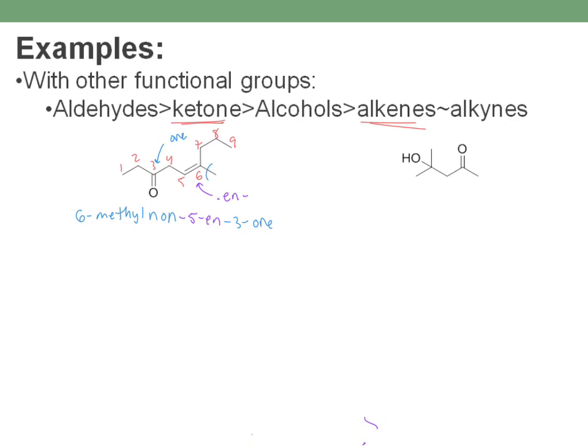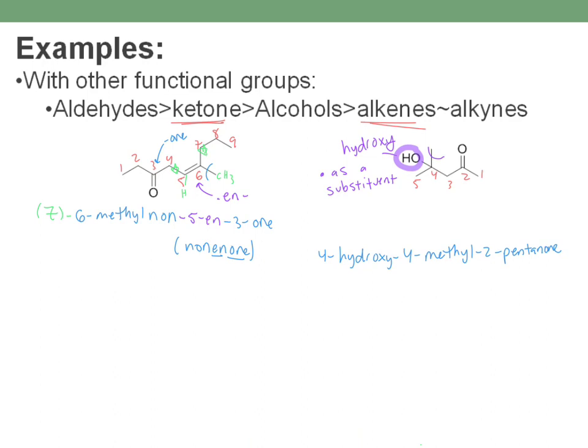And again, normally with alcohols, we'd change the ending to -ol and make that the parent. But in this case, hydroxy gets beaten out. The alcohol gets beaten out by the ketone. So we don't call it an -ol anymore. We don't call it a pentanol or anything. We call it a pentanone with a hydroxy group on it. So this is a 4-hydroxy-4-methyl-2-pentanone is the idea.